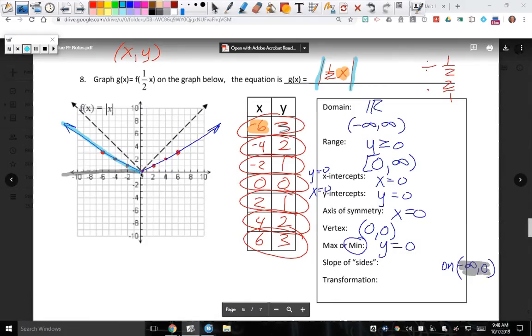Just the blue line that I graphed right here. What's the slope of that? Negative 1/2. Down 1 over 2. Y'all with me? So it's going to be m equals negative 1/2 on negative infinity to 0.